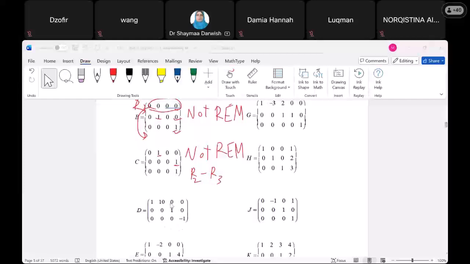Is it a row echelon matrix here or not? Also not. Why not? Which condition is not satisfied when you say not a row echelon matrix?